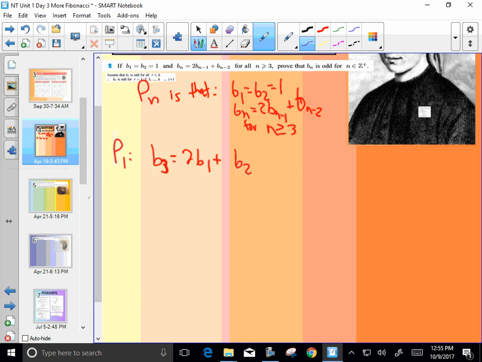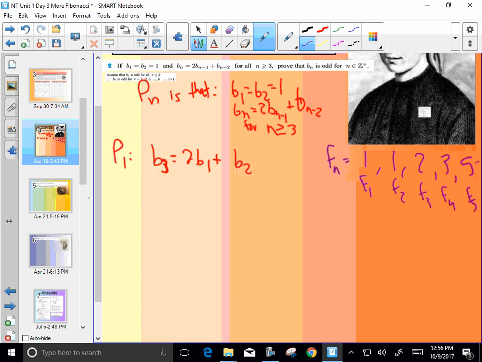And we remember the Fibonacci sequence. It's going to be 1, 1, then what? 2, 3, 5, and so on. This would be Fibonacci 1, Fibonacci 2, Fibonacci 3.